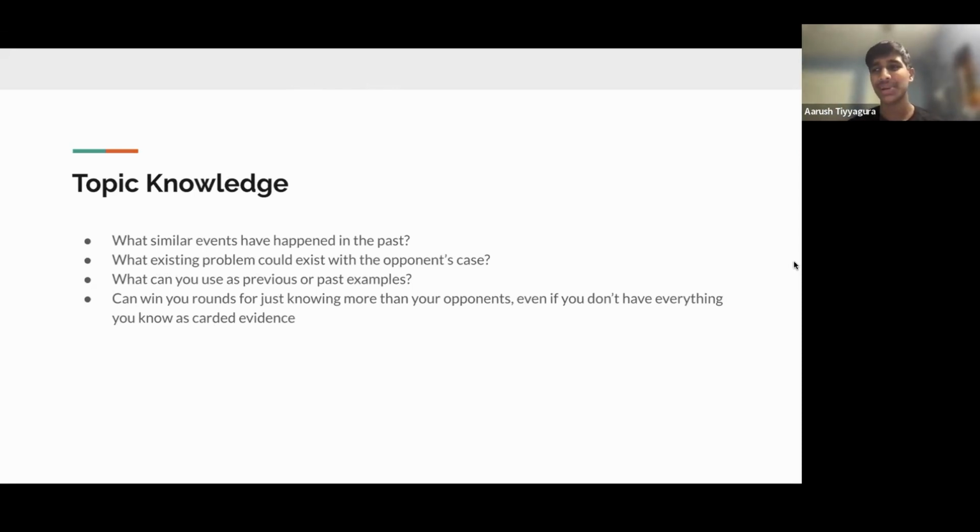But make sure you really nail down which intervening actors you're talking about, because some judges won't buy it if you just go, someone else will solve the problem. You have to be specific, like, the UN will try to solve this, NATO will try to solve this. And it especially helps if you have past examples of those organizations or countries doing something similar. That could be considered impact defense or internal link. Again, it just depends where you put it in your speech.